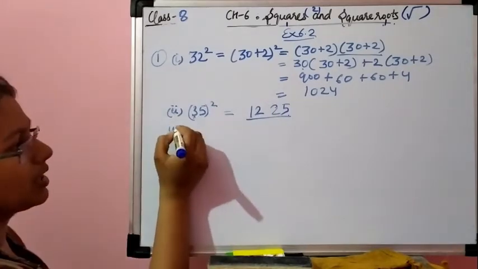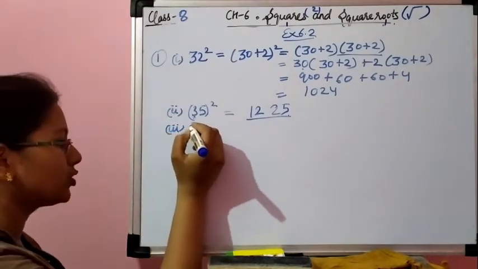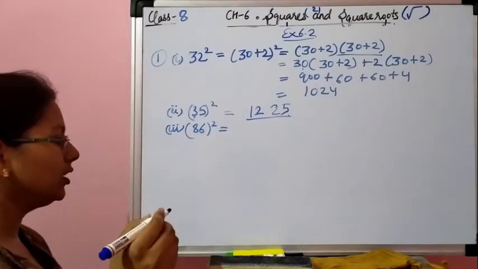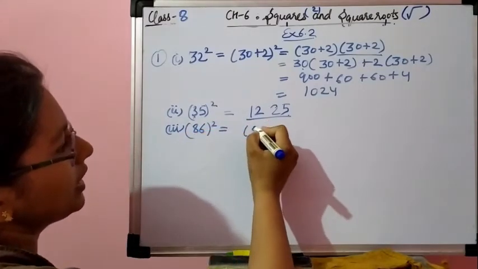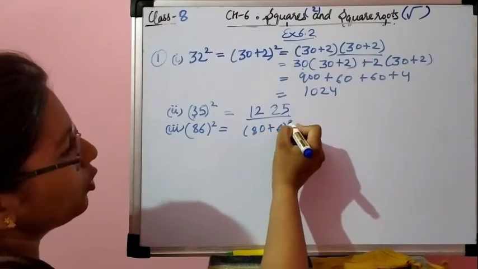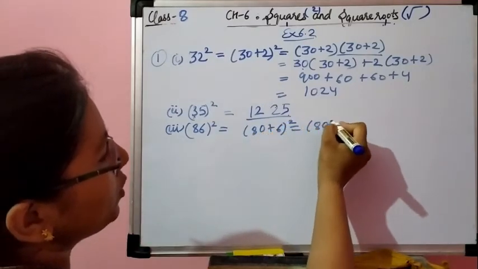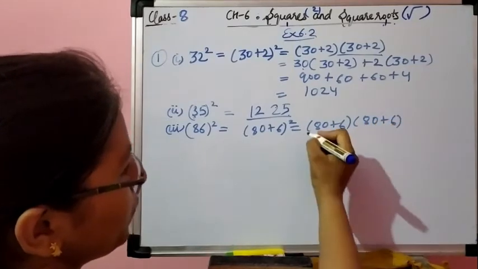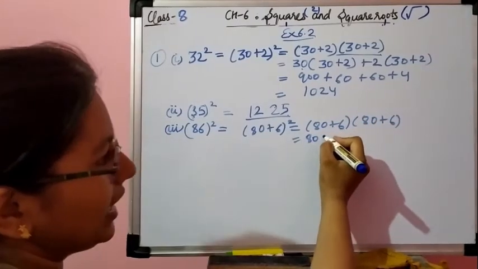Okay. Now similarly in third part the question is 86 square. So again you will do it in the way that 80 plus 6 whole square, which is equal to 80 plus 6, 80 plus 6. Okay. First I will take 80.